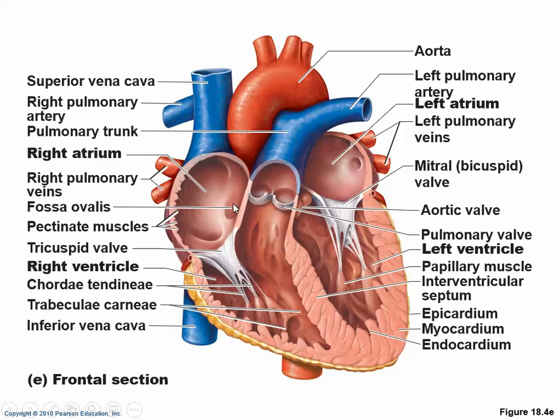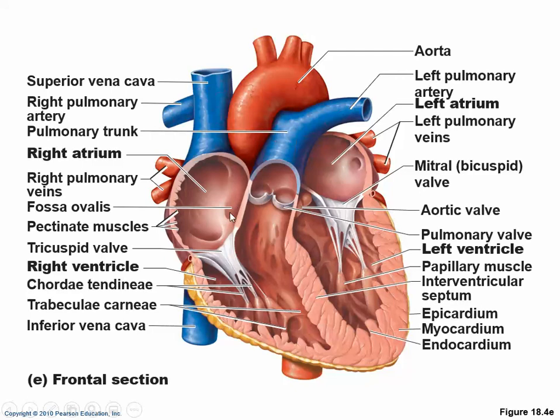Now, in the fetal heart, blood doesn't go to the lungs because the baby is not breathing. The blood gets oxygenated at the placenta. So blood flows through this hole in the septum, right across to the left atrium, and circulates here. The right ventricle doesn't do very much prenatally.